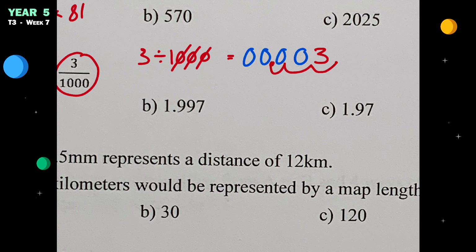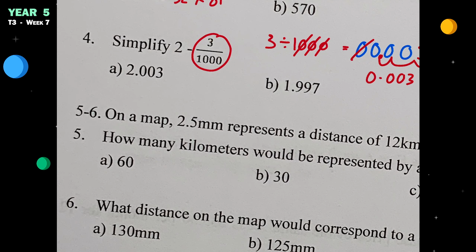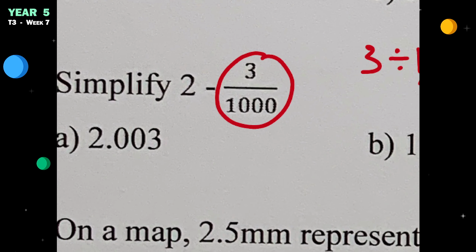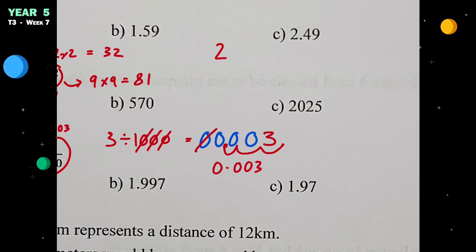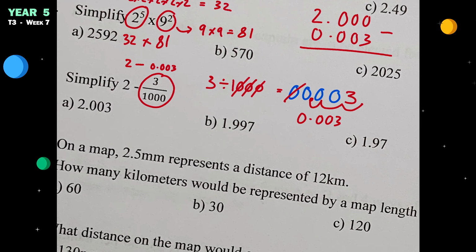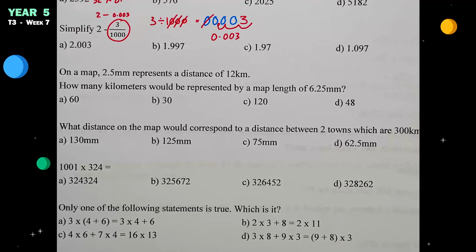It lands right there. So therefore it's 0.003. So 2 take away 0.003. Let's see what that looks like. 2.000 take away 0.003. You can work it out yourself and figure out the answer there.